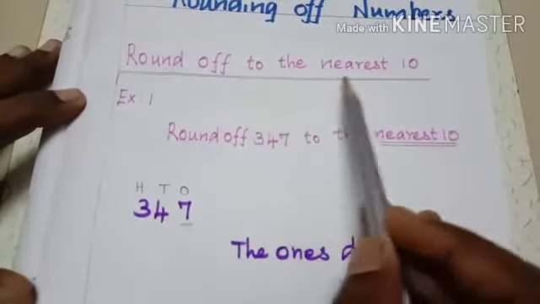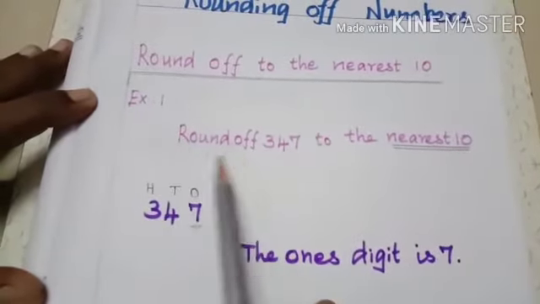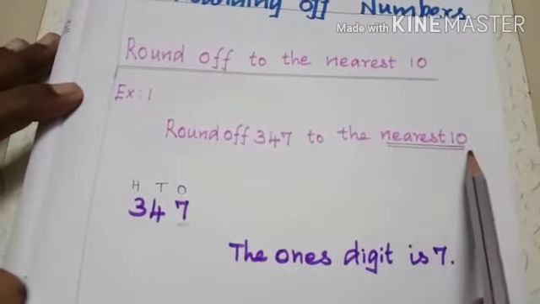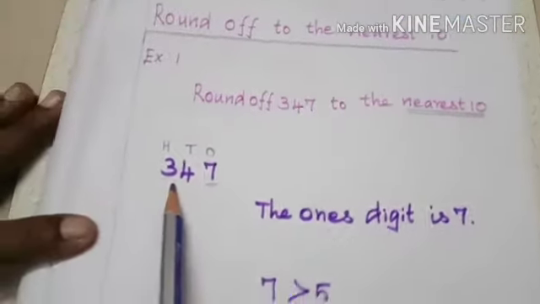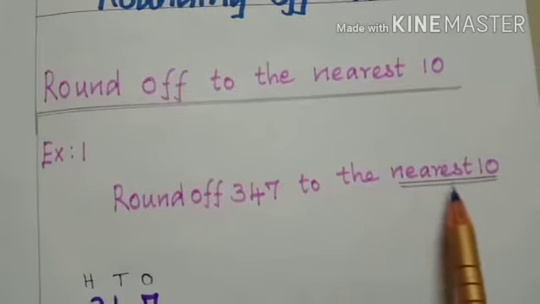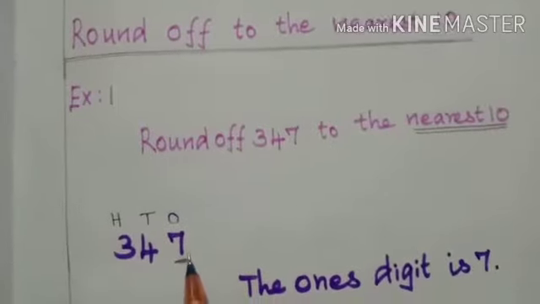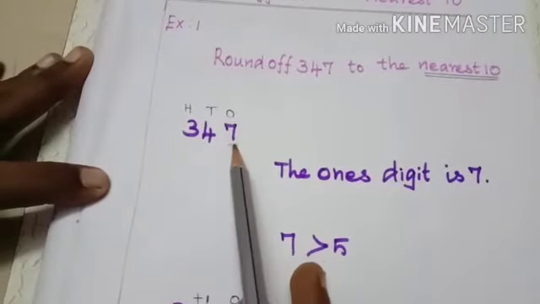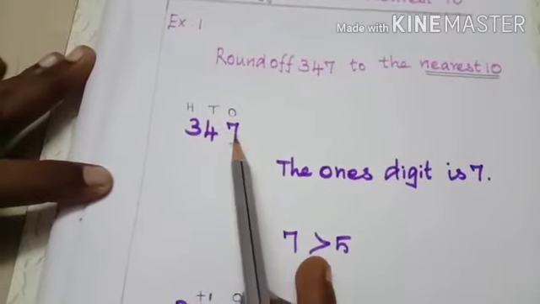Round off to the nearest 10. Example 1. Round off 347 to the nearest 10. Nearest 10 means we look at the ones place. Here in the ones place the number is 7.